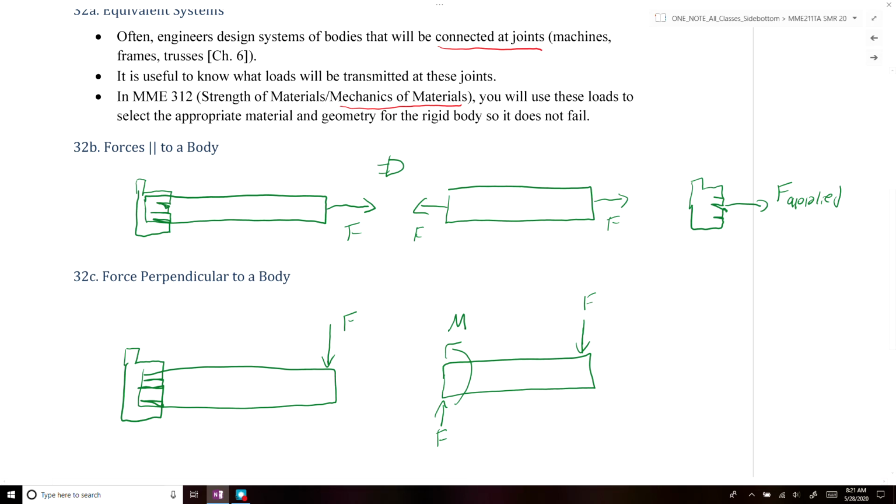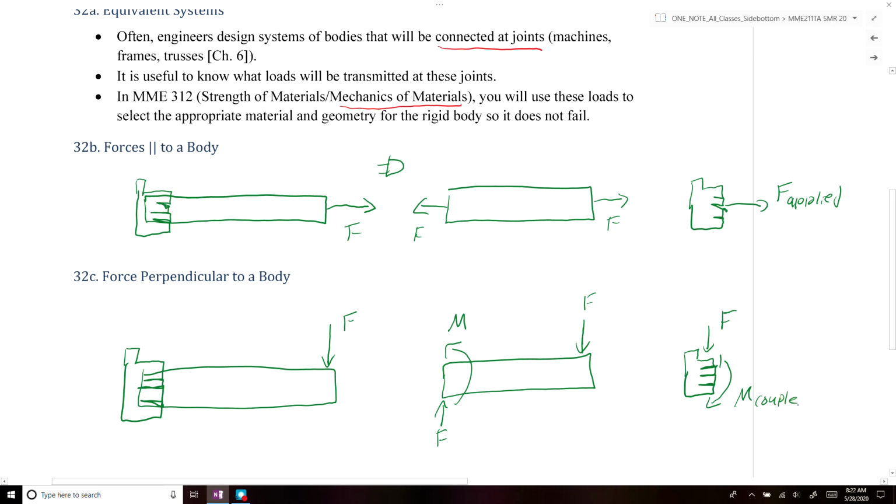So what ends up happening is your hand will feel the following loads. It'll feel a downward applied force, and it will also have a couple moment applied to it.